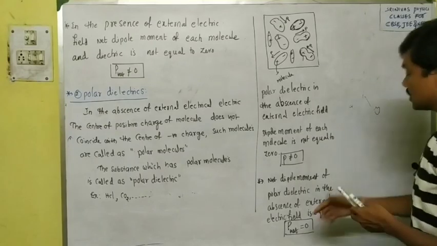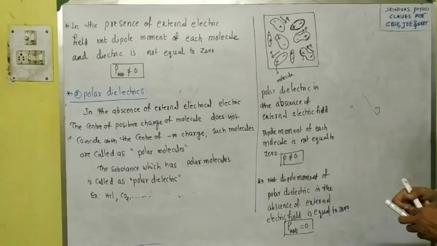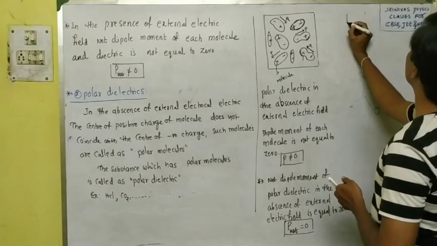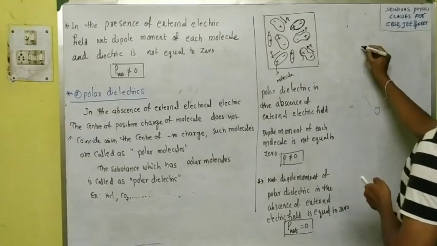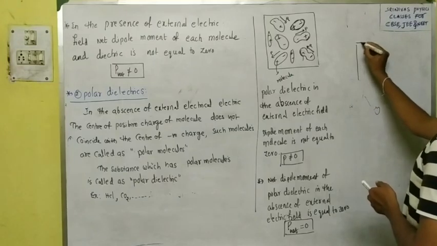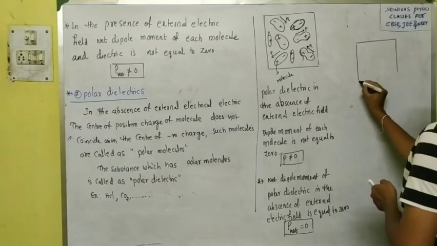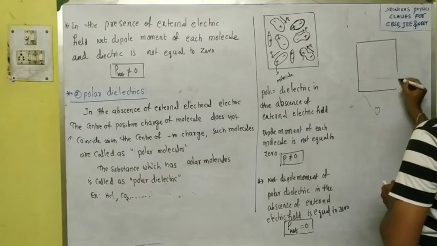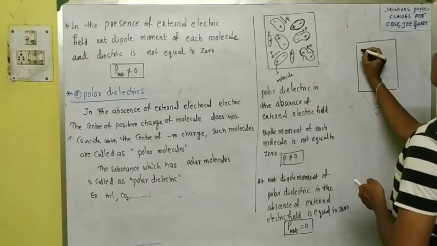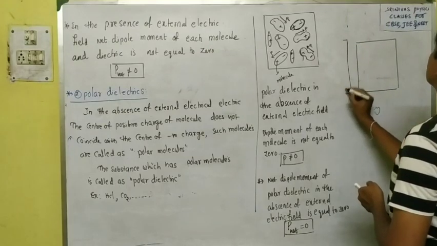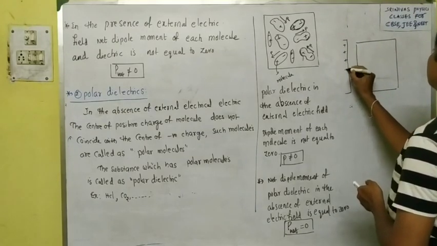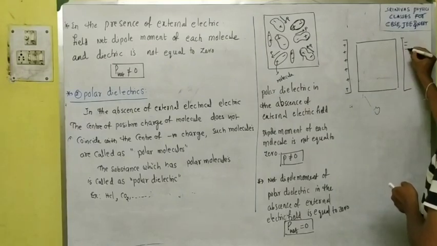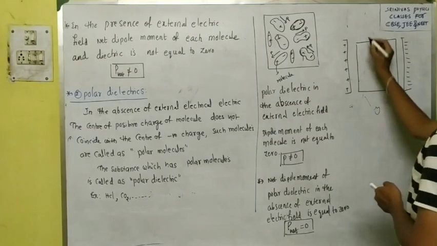But in the presence of external electric field, what happens? Let us see. If we apply the external electric field, what happens? This is our dipole, and here this side is the positive charged plate of the capacitor, this side the negative charged plate. Now the electric field is to the right side.